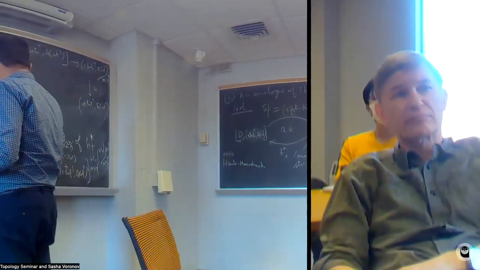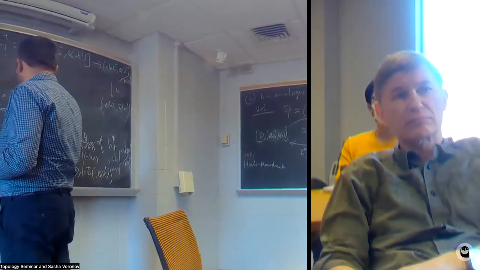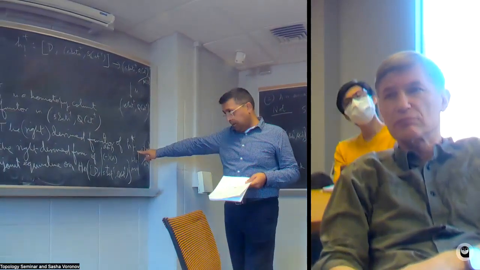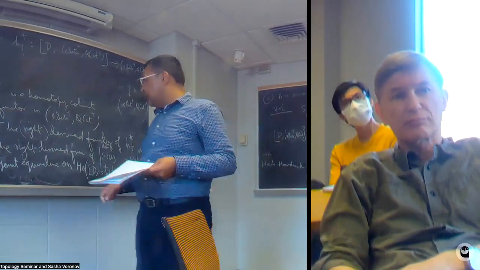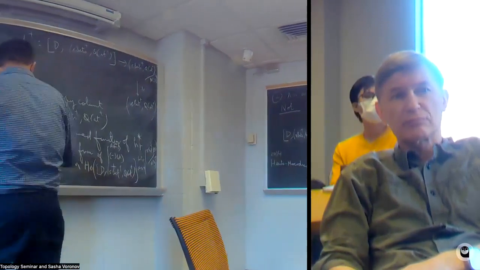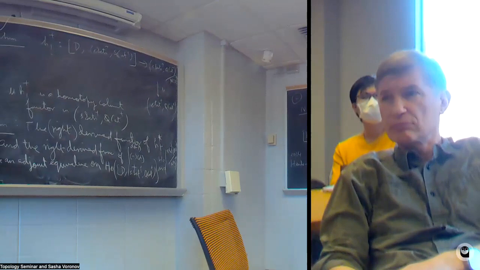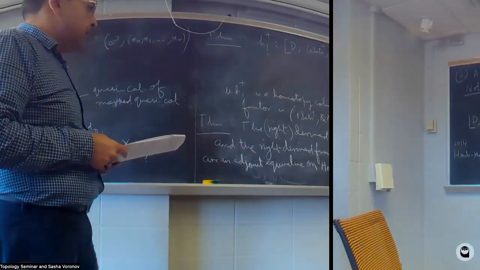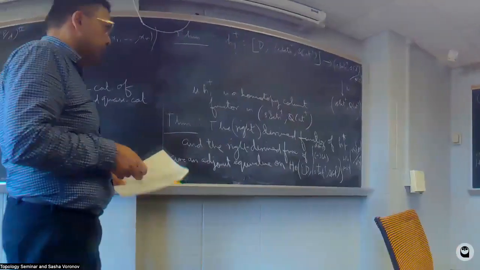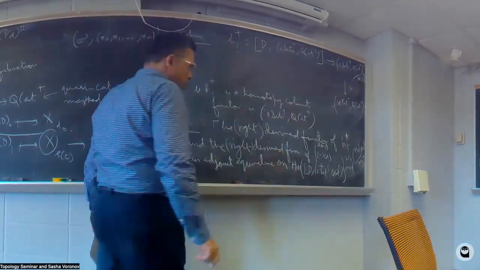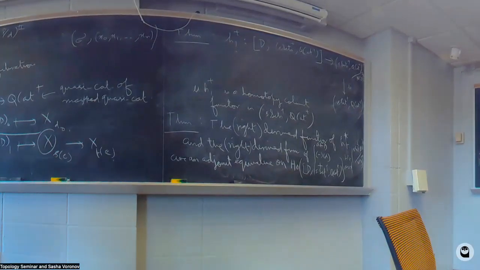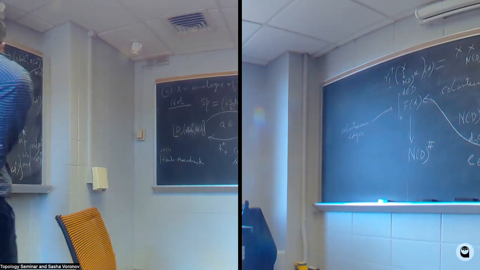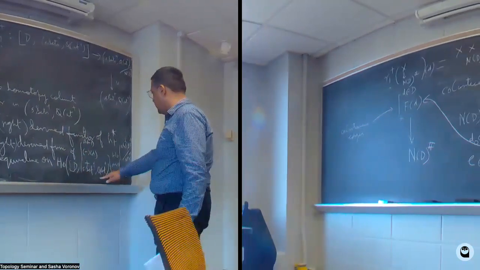This is the right functor. And also the right functor is this. Yeah. That they are adjoint. Equivalence between these two.